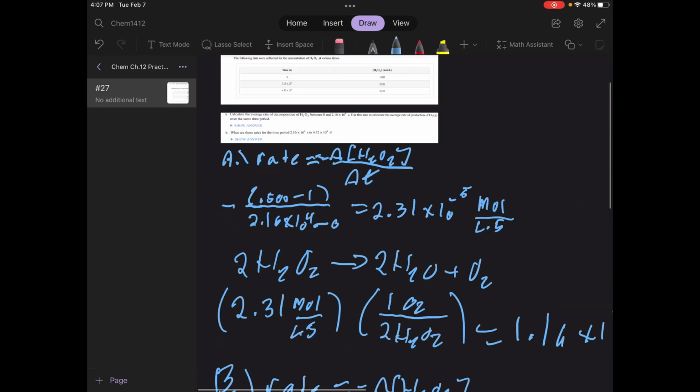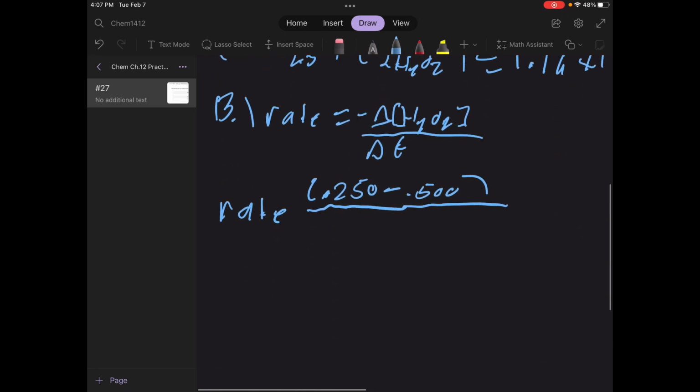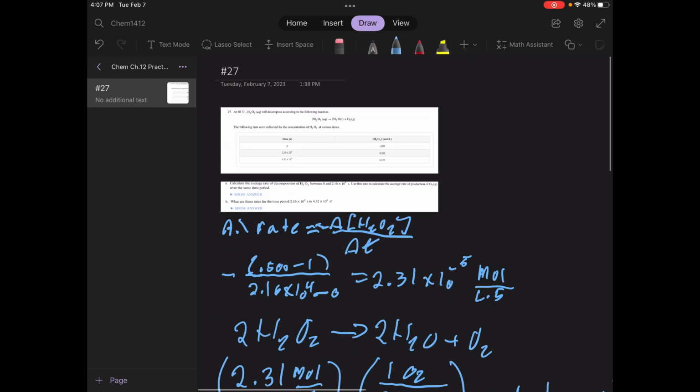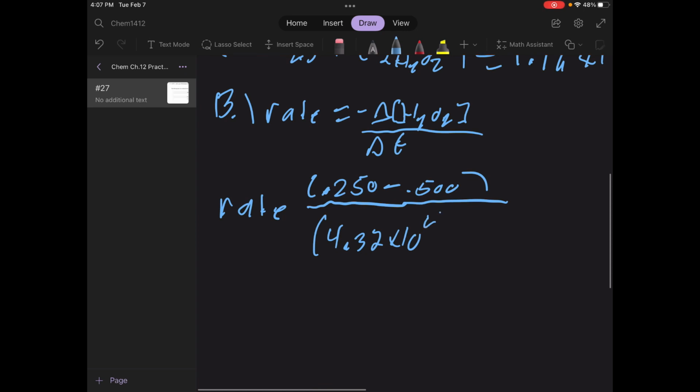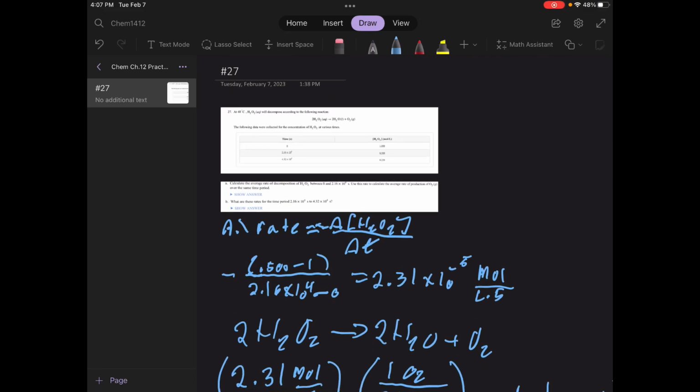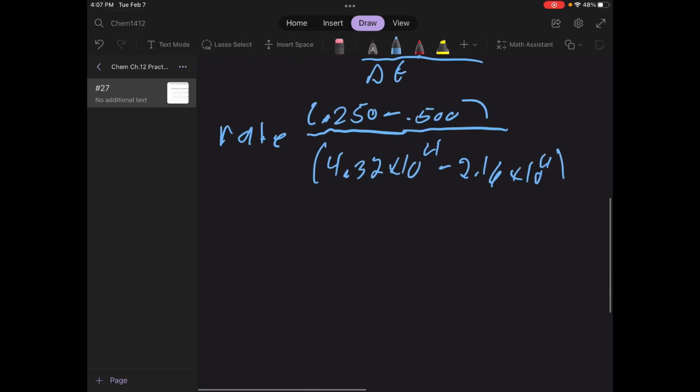And for our time values, we get the numbers 4.32 times 10 to the 4th minus 2.16 times 10 to the 4th. Let me double check the numbers: 4.32, 2.16, 2.50. Okay.